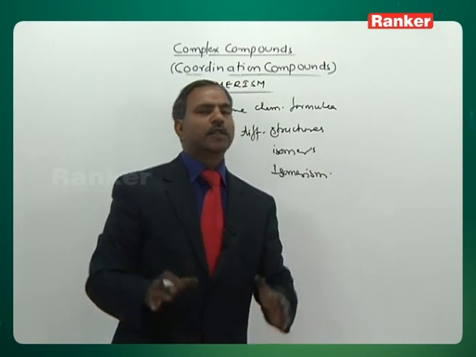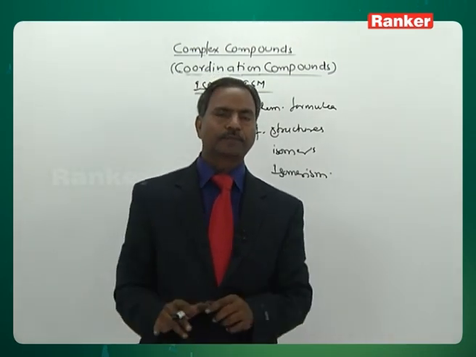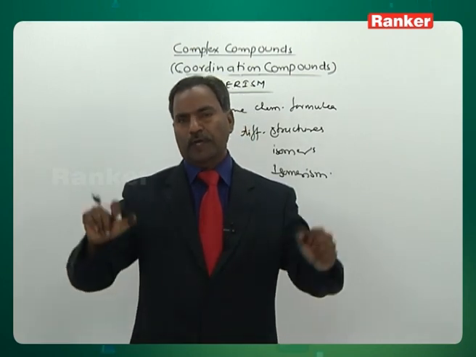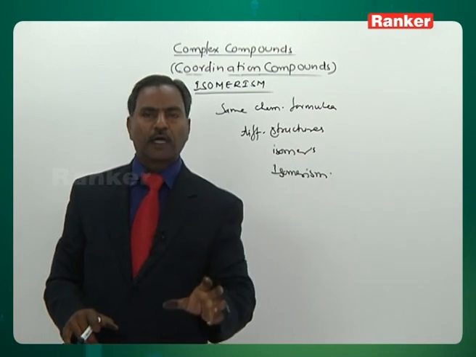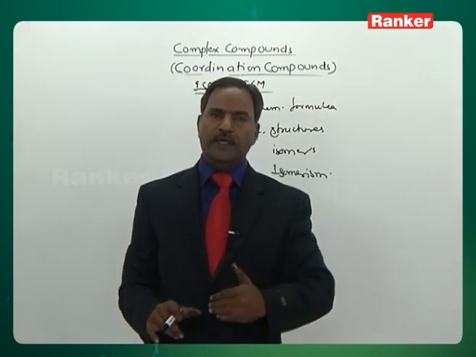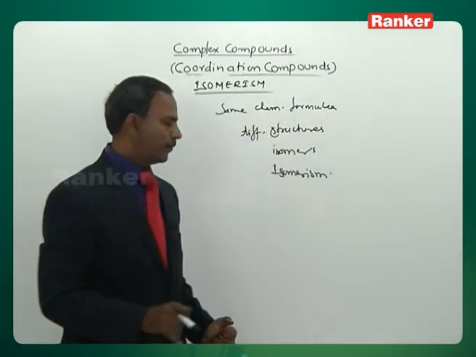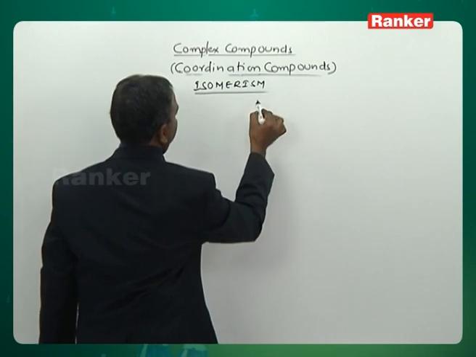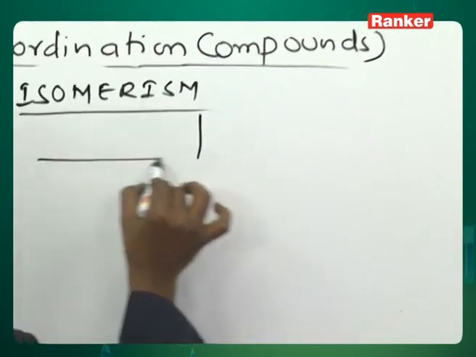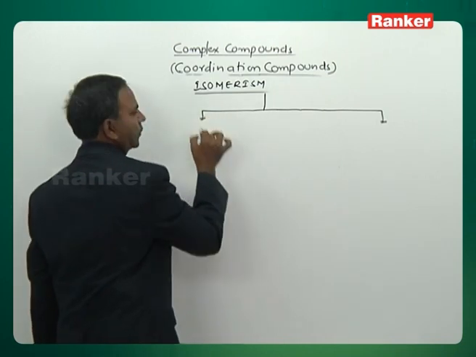This isomerism in complex compounds is classified into two types. Let us see how it is classified. What are the different types of isomerisms? Isomerism is classified into two types.